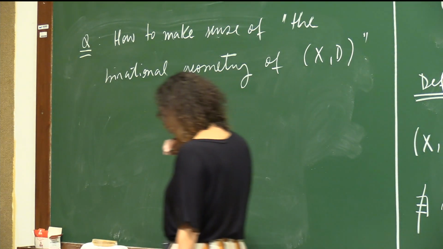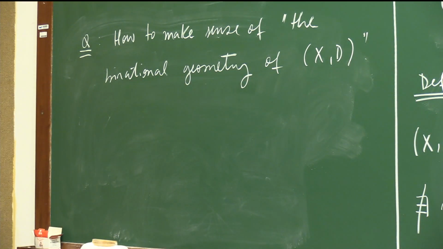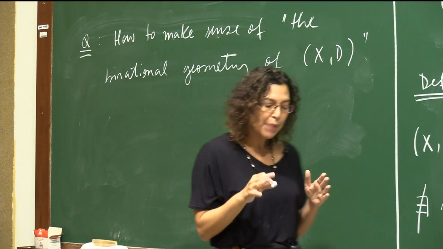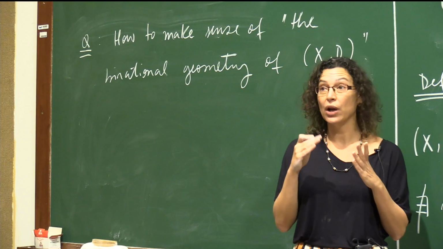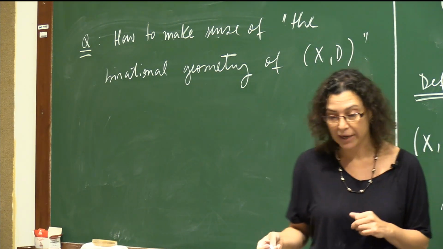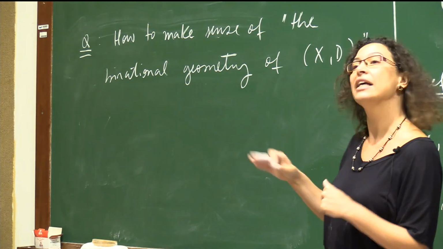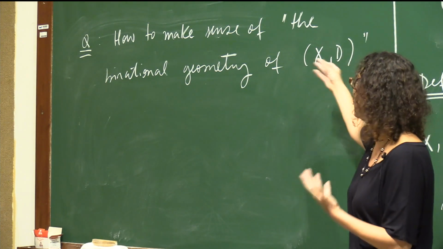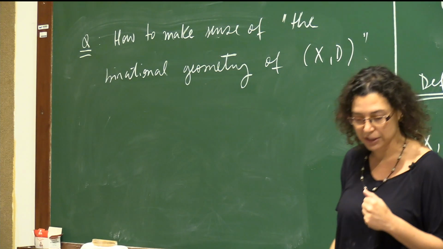And I don't have a clear answer for that, but what I would like to discuss now is I want to focus on a very specific type of pairs, which we call Calabi-Yau pairs. And for this class of pairs, I claim that there is a very natural notion of what would be the birational geometry of this pair.